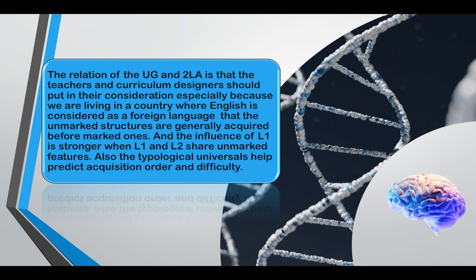So we expect them to acquire the rules at different levels, and the unmarked structures before the marked ones, and the influence of L1 is stronger when L1 and L2 share unmarked features, so they can easily recognize the rules because they are already familiar with them. Also, the typological universals help us to predict acquisition order and difficulty.